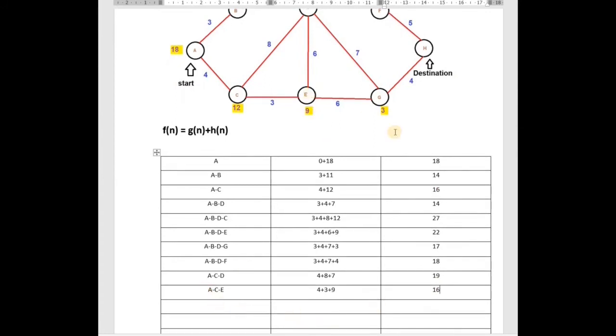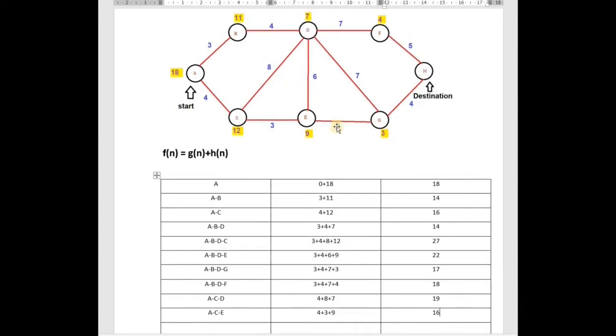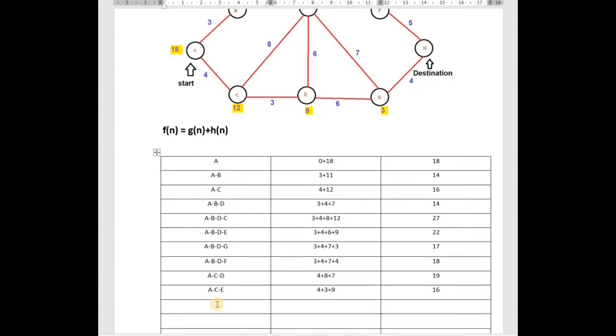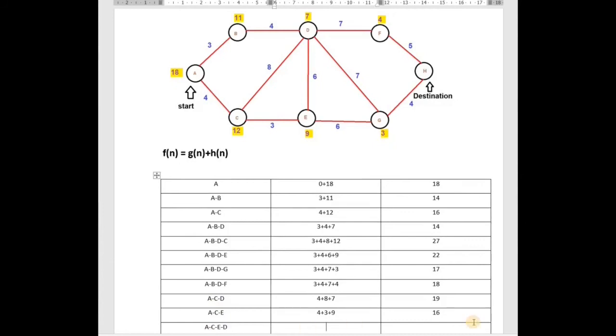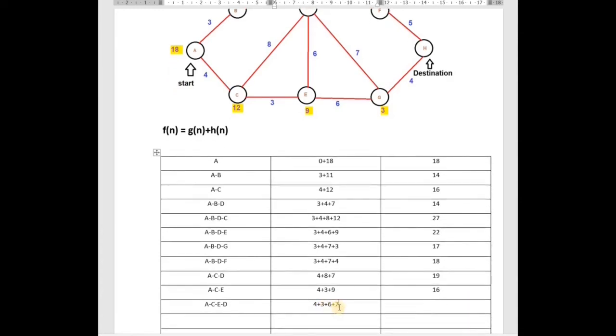From E, which nodes can I travel to? I can travel to D and G. So I will go for A, C, E and D. For this, I can go for 4 plus 3 plus 6 plus 7, so I am going to get the value 20.